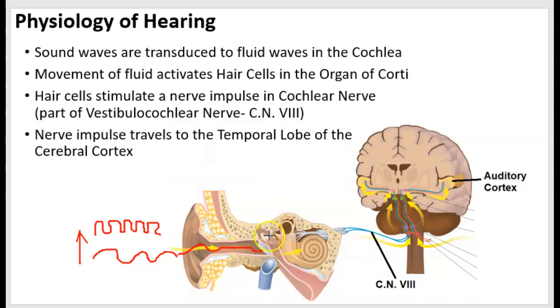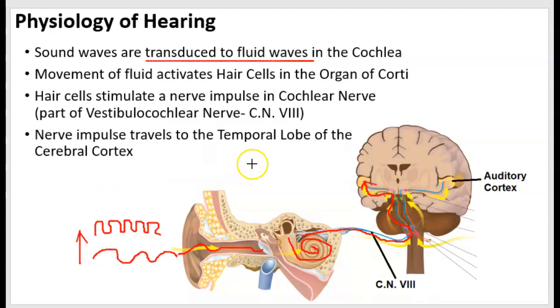And because of the function of the middle ear, those sound waves are transduced or turned into fluid waves in the cochlea. Now, the movement of fluid in the cochlea will activate hair cells, and those hair cells will activate neurons, but the neurons still have to travel to the brain so that we perceive the sound.